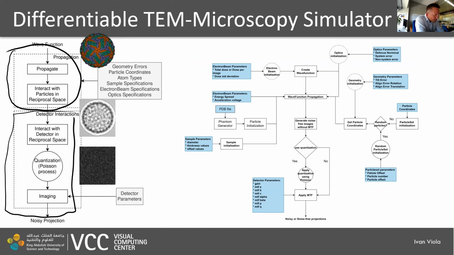Here, an intermediate representation coming from this wave propagation process, an interaction of the electron wave with the specimen, is a representation which looks like this. It does not contain noise yet, and it is a basis for the noise generation, because the specimen itself influences the noise.